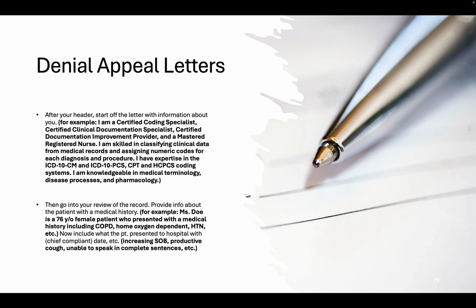In the left-hand top of your paper, you would have whoever is sending the denial, so it could be Humana, United Healthcare, Blue Cross Blue Shield, etc. Then underneath that, you're going to put all your patient information: the patient's name, date of birth, date of service, account number, anything that's going to identify them, so it might be their claim reference number, etc.